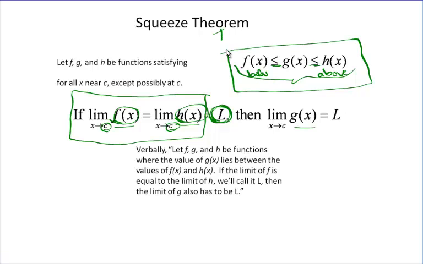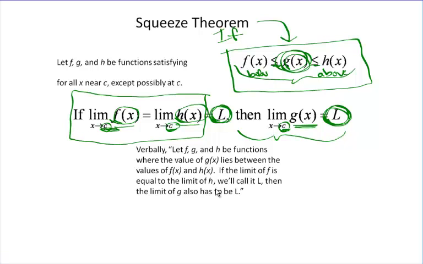This is the if. If this exists and g lies everywhere in the plane between f and h, then I know that as I approach input values on g, the output values must also approach L, because g is squeezed in between f and h, and at those input values, the output values have to be approaching the same value.